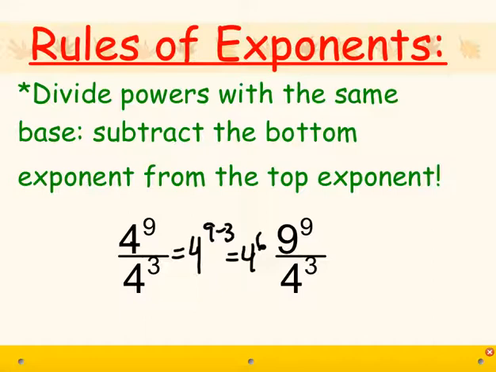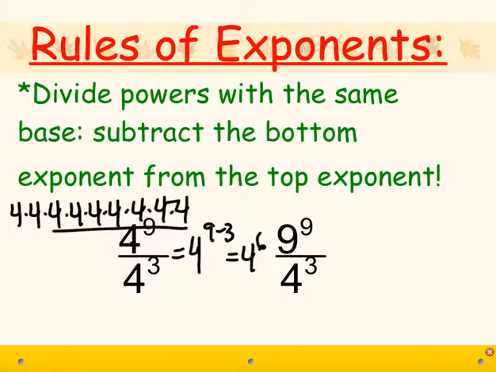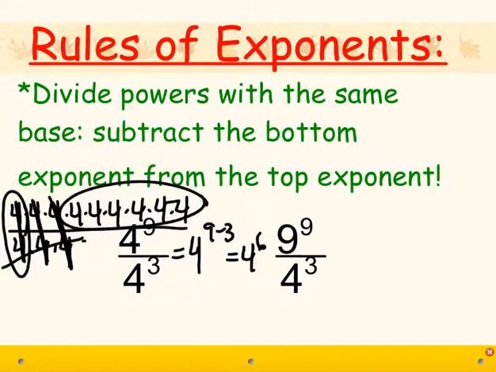Well, what we are saying is that I have all of these 4's, 4 to the ninth, and I'm dividing by 3 4's. We can see that we have some pairs, 4 divided by 4, that's just 1. Another 4 divided by 4, and another 4 divided by 4. Which means we cancel out everything on the bottom, and we really just have these 6 4's multiplied together on the top. So we would say our answer is 4 to the 6th.